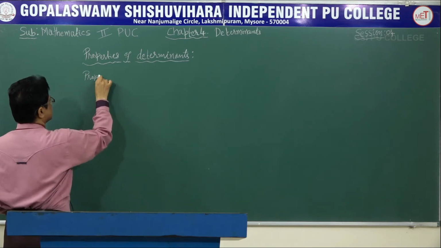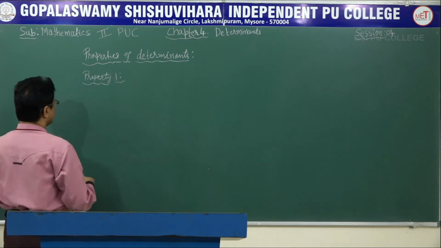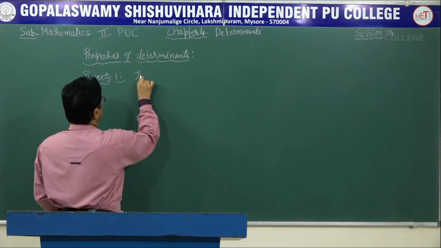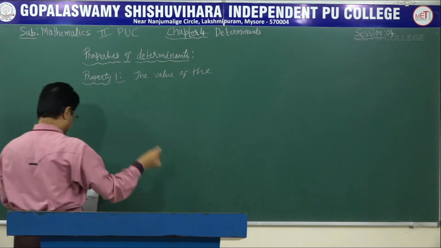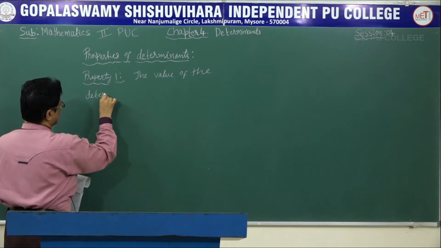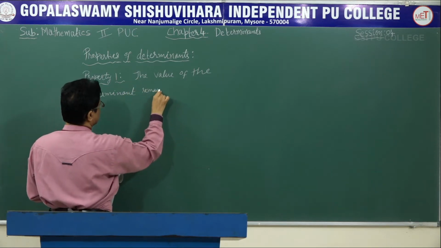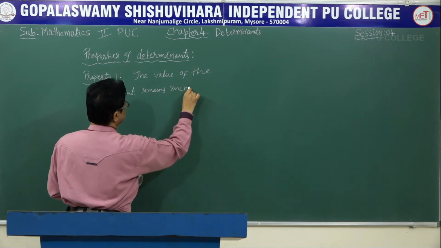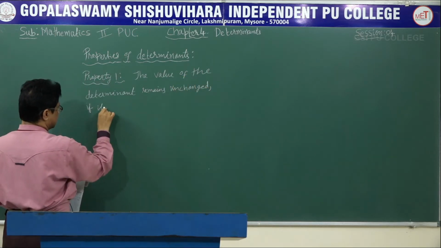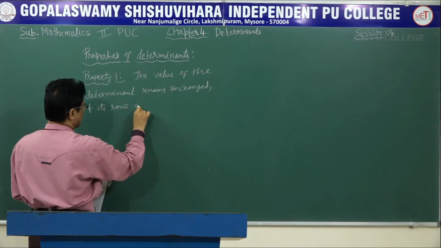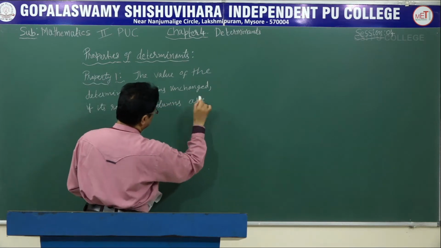Property 1. The value of the determinant remains unchanged if its rows and columns are interchanged.